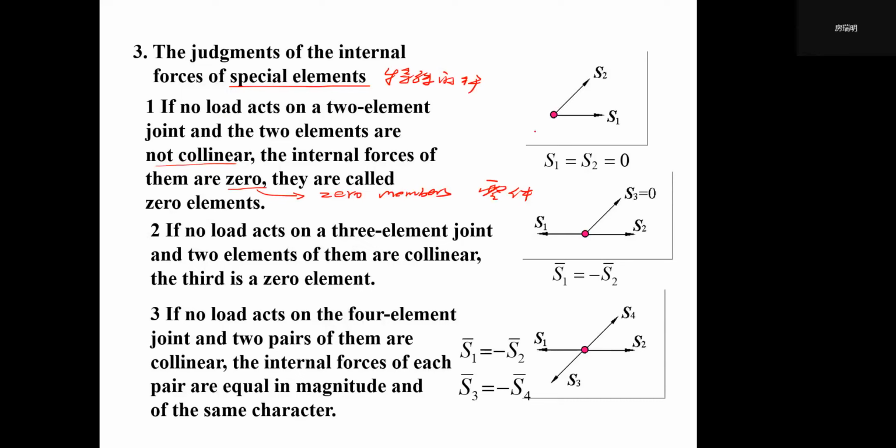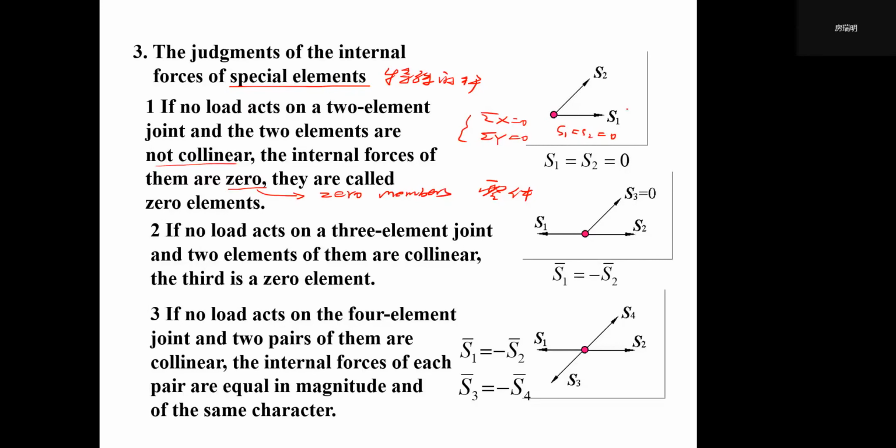So you can find if we have two members in this condition, because this is a single joint with no action forces, we have sigma x equals 0, sigma y equals 0. If these two equations are applied, then the only answer is S1 equals S2 equals 0, right?